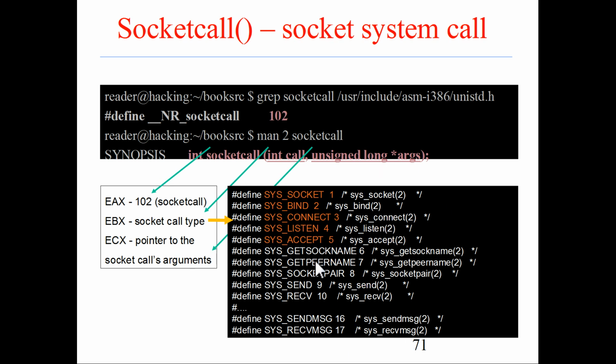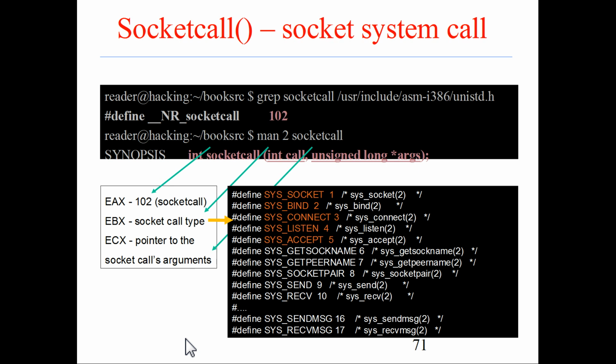However, socketcall has its own library of different functions. So to specify what type of socket call you are making, you put the appropriate function call number in EBX. So EAX stores the system call, EBX stores the socket call, and then ECX is where the arguments start.